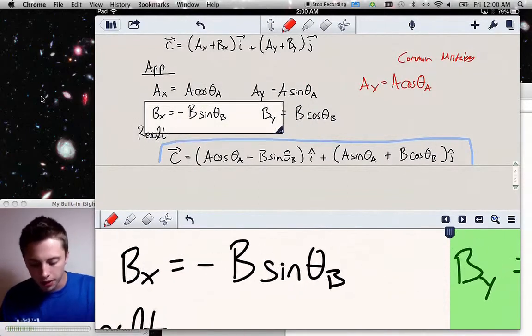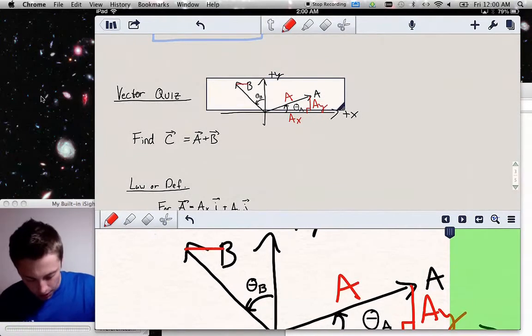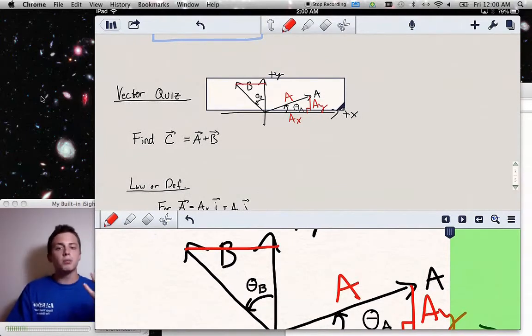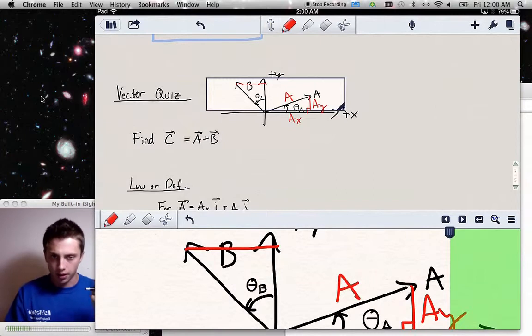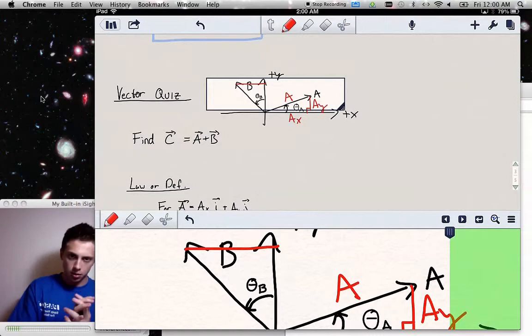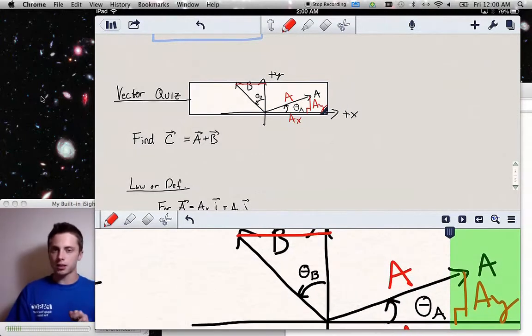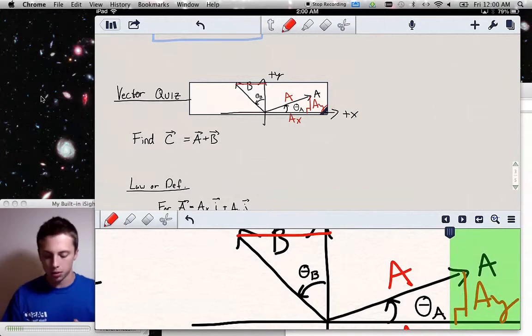Now, vector B is a little different, right? Because its angle is defined from the y-axis. And notice the vector B is in the second quadrant. In the second quadrant, the x component of a vector is negative, and the y component of the vector is positive. So vector B should have a negative x component and a positive y component.